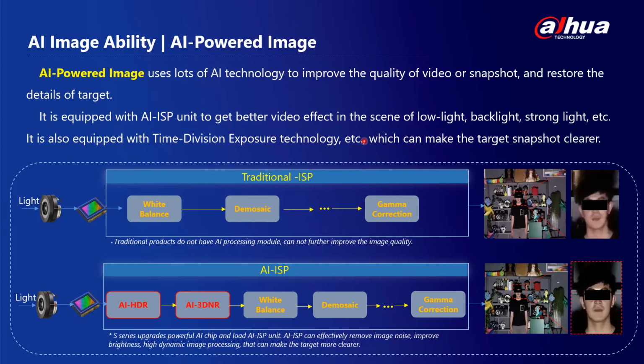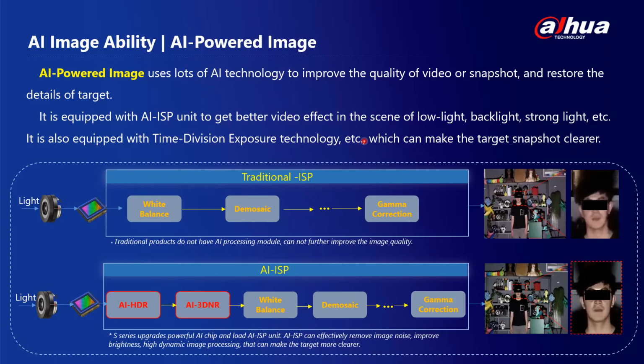So when talking about the time division exposure, let's say, for example, there's an individual walking at some point, and there's a vehicle passing by that particular area where the individual is. You find that the vehicle tends to move faster than the human being.